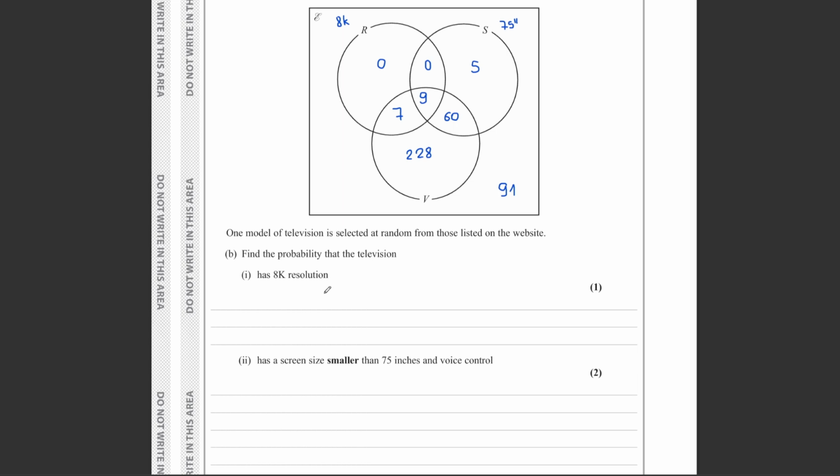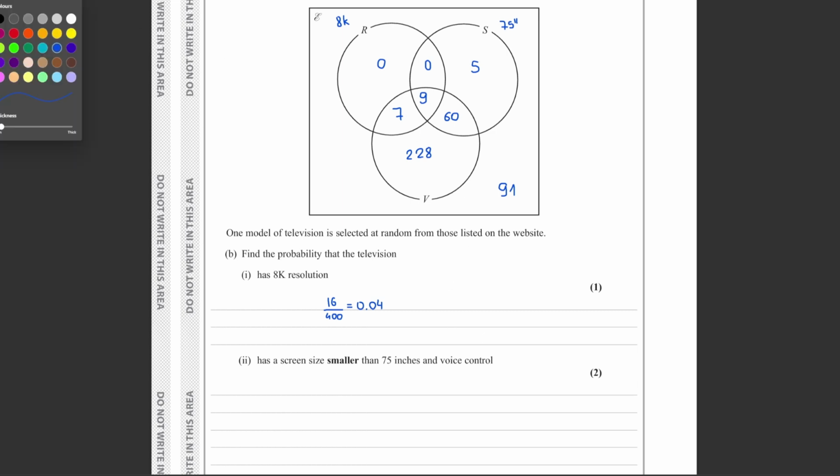In question B, we need to find the probability that the television has 8K resolution, so that's 16 models out of 400. We can leave it like that, or we can state in decimals. In next question, we are looking for the model that has a screen size smaller than 75 inches and has a voice control.